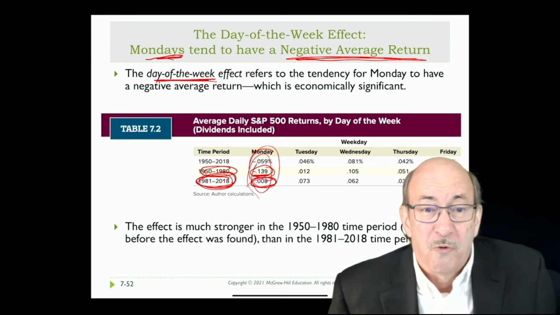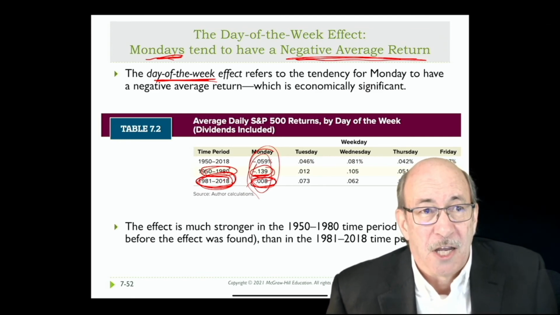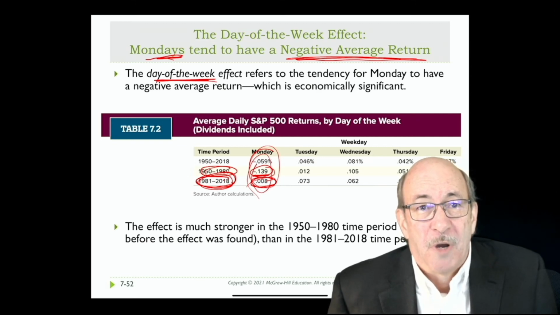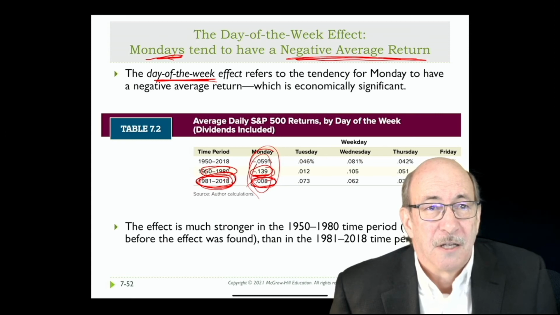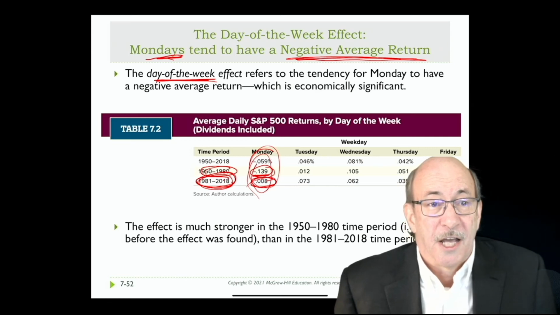So what would I do if I knew that there was a negative return on Mondays? What sort of strategy could you imagine implementing? How would you, in other words, capitalize on that knowledge?